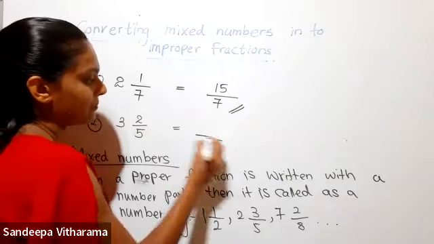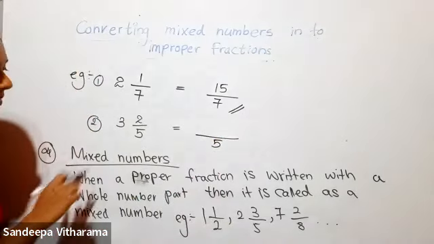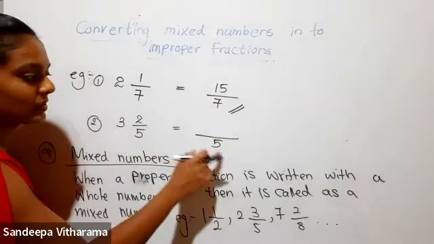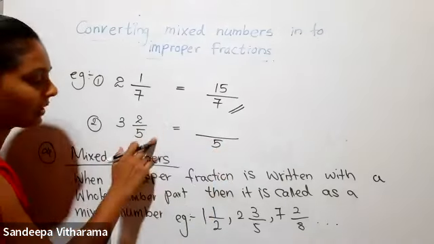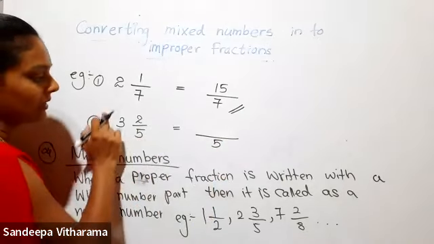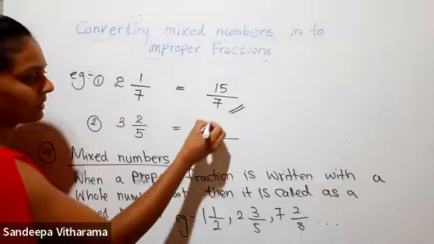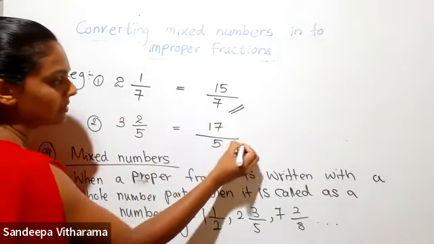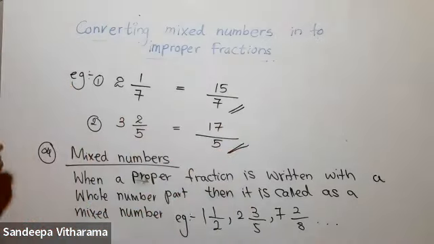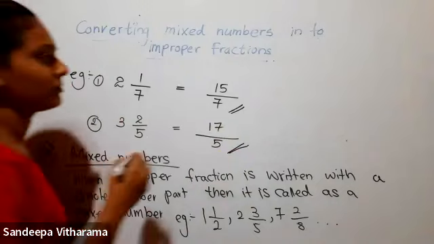That means the denominator of the improper fraction is equal to the denominator of the proper fraction. Then 5 into 3, 15. Then 2 is added to that 15. So the answer is 17. Okay, very good.